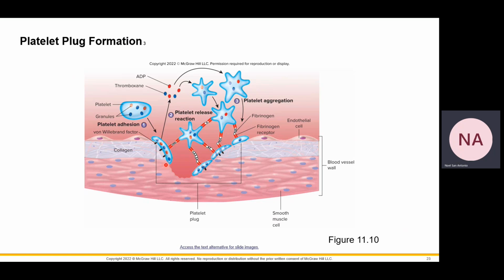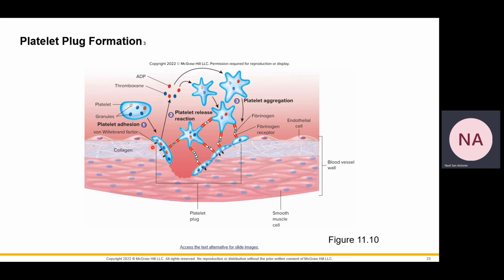When a blood vessel is damaged, as you can see, there will be exposure of the smooth muscle and collagen. When the collagen is exposed, because of that damage, the first step will be adhesion of the platelets to collagen, via the activation of a factor called the von Willebrand factor.